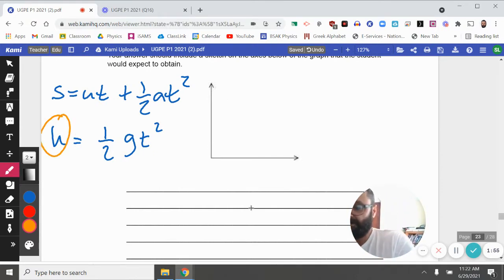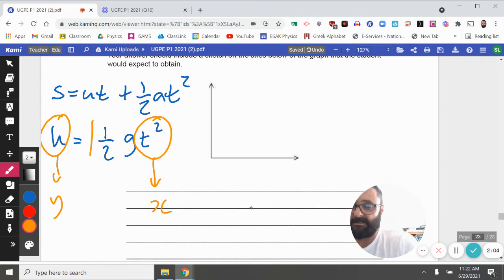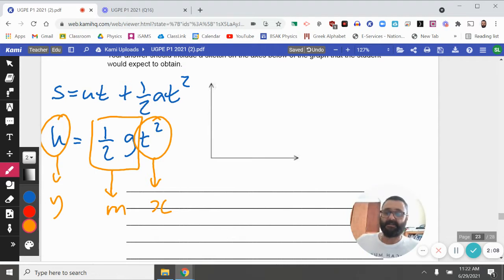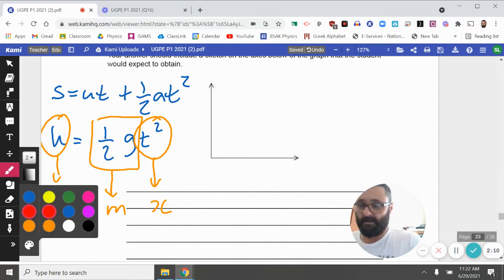Well, that's in the form y = mx + c. So we plot h on the y-axis. We plot t² on the x-axis, which means the gradient is ½g.